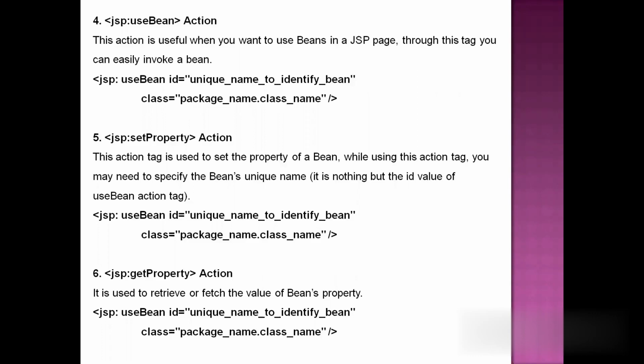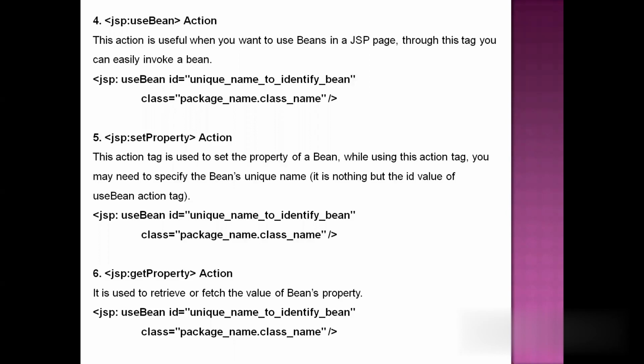Other than the include action tag, forward action tag, useBean action tag, set property tag, get property action tag, we have a lot of other action tags also, but frequently in most of the web applications we'll use only these 6 action tags.